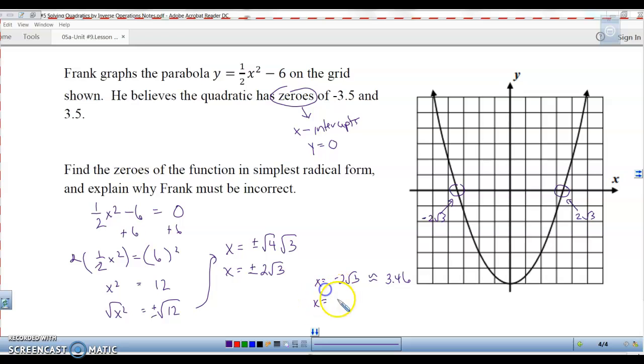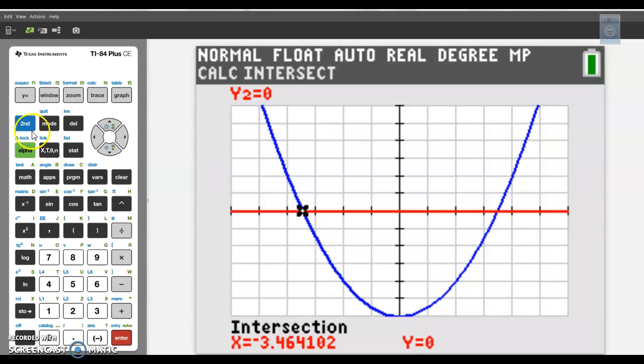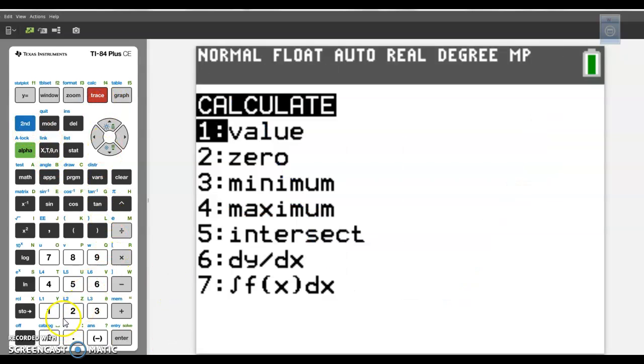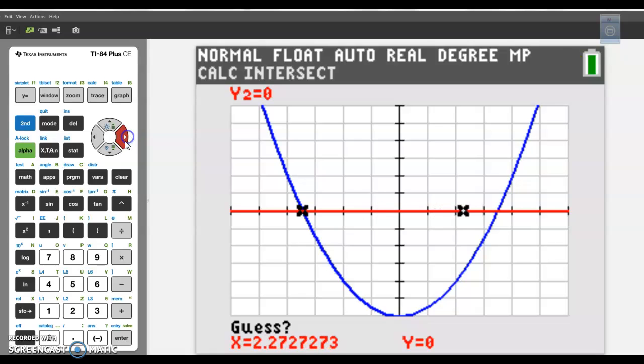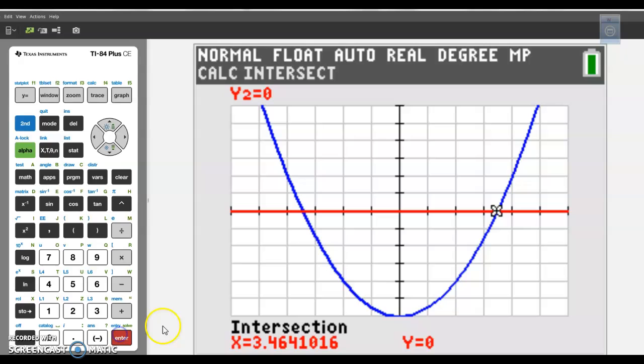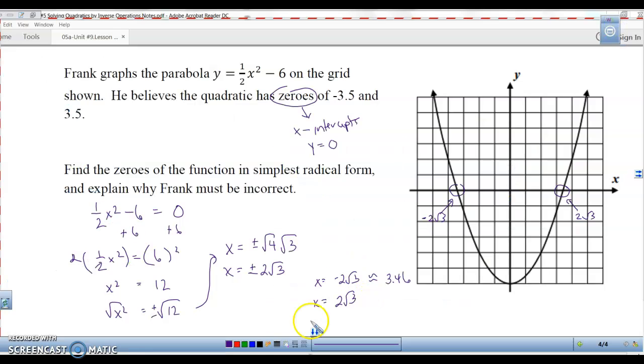All right, now for x equals 2 times the square root of 3, let's look at that one. Second trace, intersect, enter, enter, and then if I go over here to do the other one, okay, enter, it's also about 3.46. So this is going to equal plus or minus 3.46, or this one's negative, and this one is positive 3.46. So it's close, but not exact.